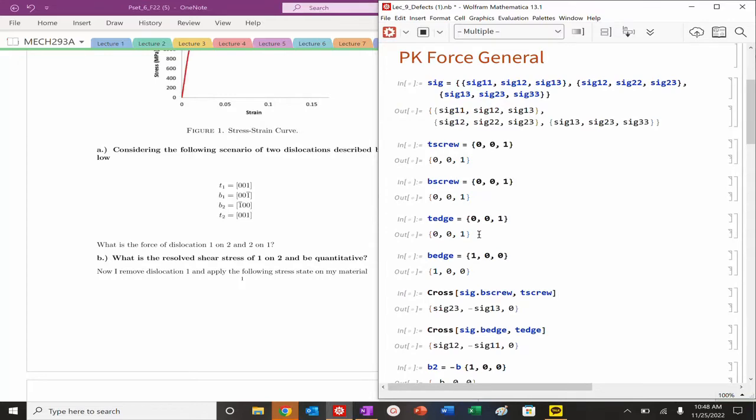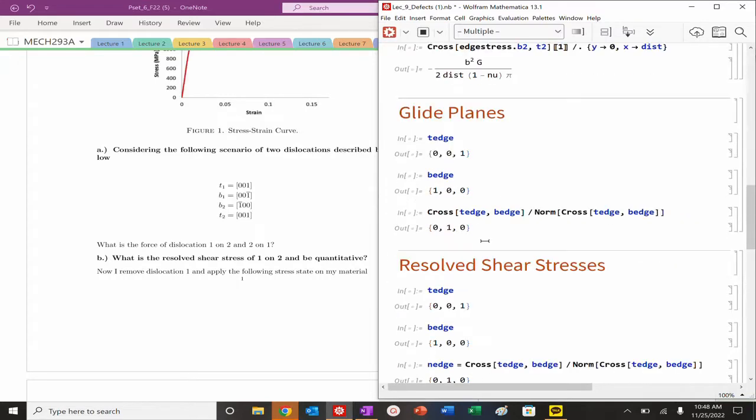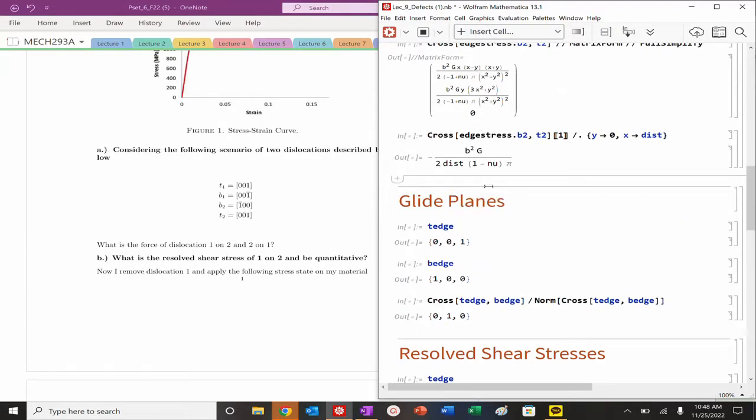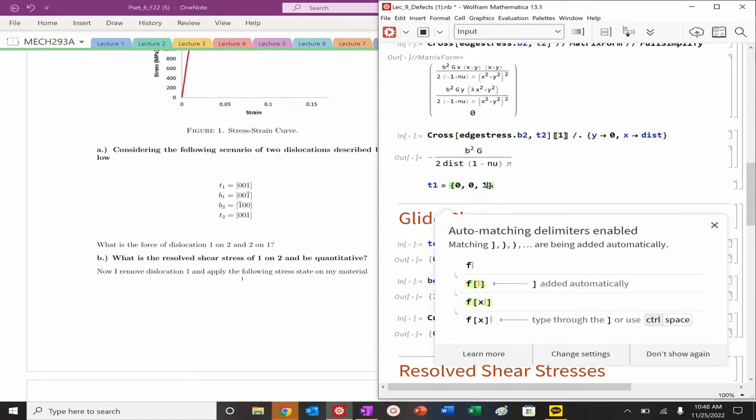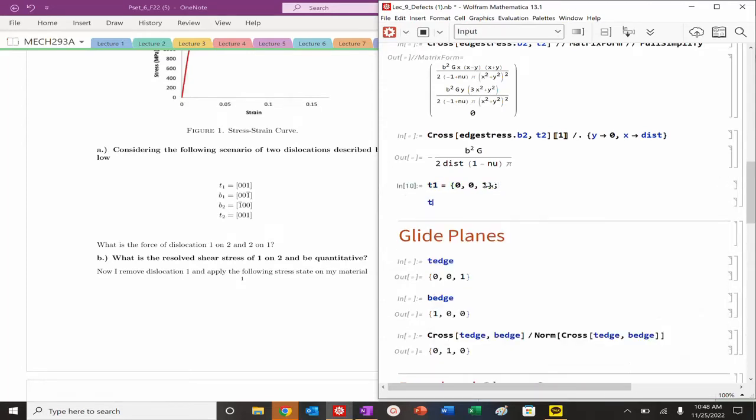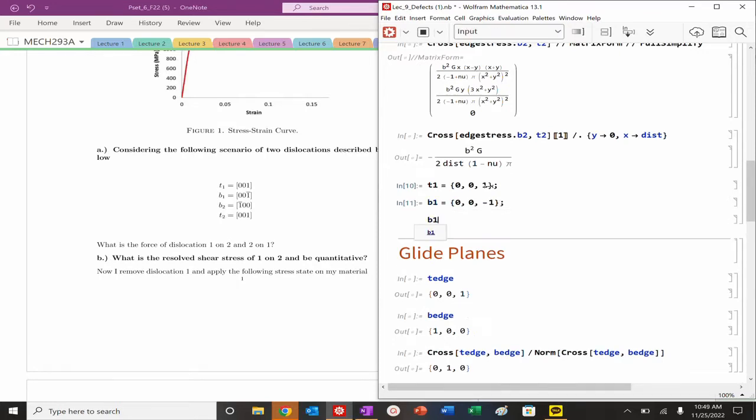So if we want our PK force, let's continue to work in here. So I'm going to say T1 is equal to 0, 0, 1. My B1 is equal to 0, 0, minus 1. I know that my B2 is equal to minus 1, 0, 0.